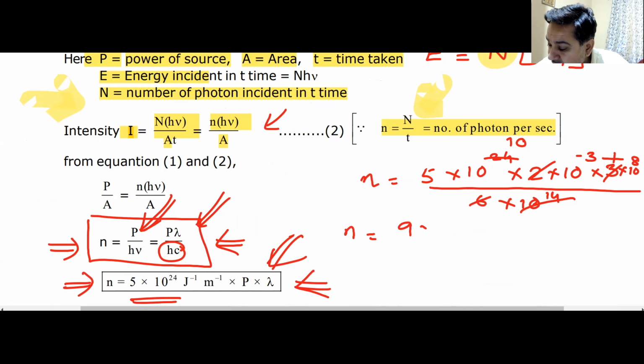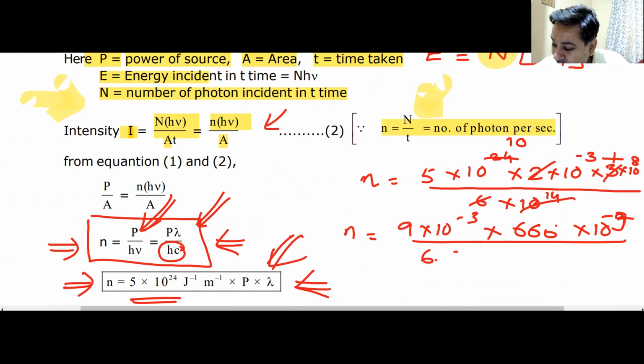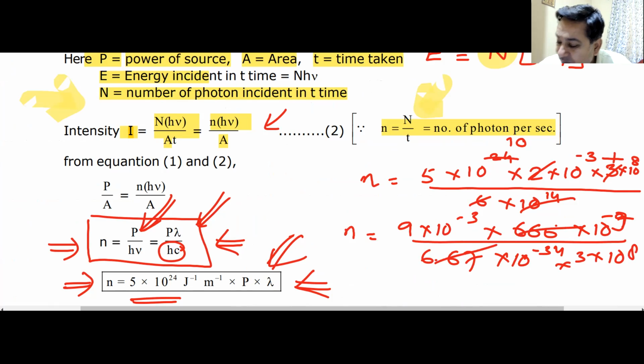So 9 into 10 raised to the power minus 3 multiplied by 667 nanometers, so 667 into 10 raised to the power minus 9, divided by Planck's constant 6.67 into 10 raised to the power minus 34 multiplied by 3 into 10 raised to the power 8. The 667 will get cancelled. Now it is a simple question. You can easily solve it. So that is how you get your answers.